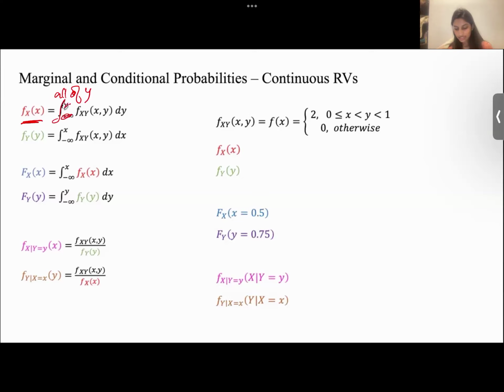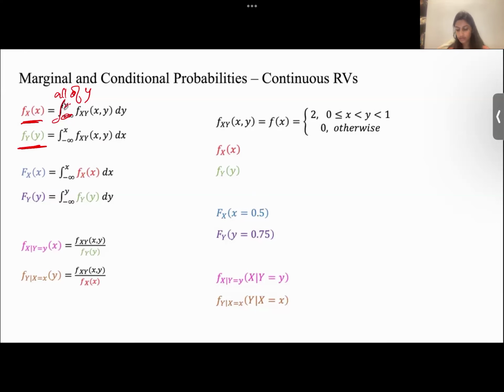It's not minus infinity necessarily, it's any value that y could take. It could be 0 to y, or any number to y, or y to 1, it could be anything. So if you want to calculate f of x, like fX of x, you just integrate the joint probability over all the values that y can take.